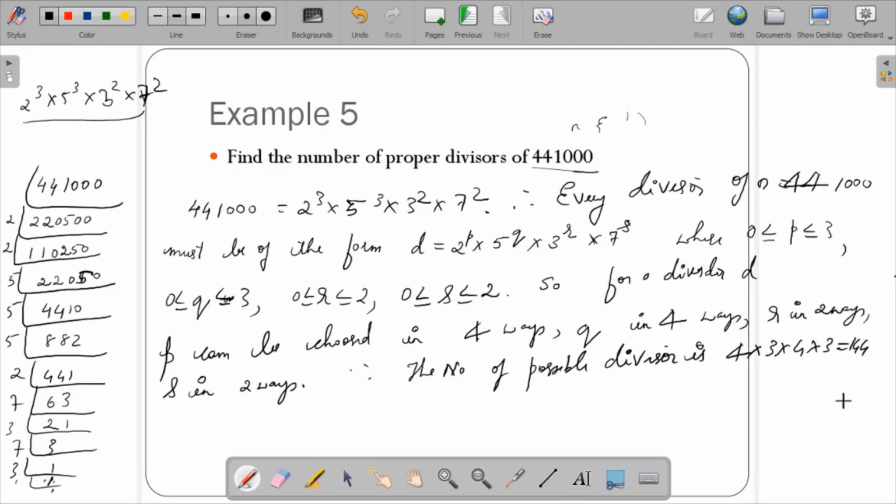Of these 144 ways, if you want to find a proper divisor, we should exclude this n as well as this 1. The meaning is, for a positive integer n, the divisors of n other than 1 and n are called proper divisors. So the total number of divisors is 144, and of these you should subtract these two divisors, 1 and n, which are not proper divisors.